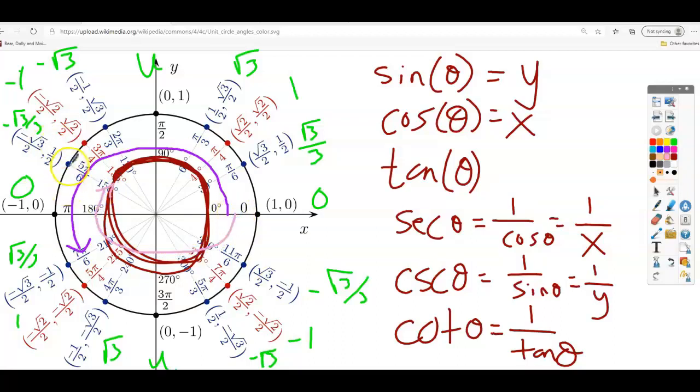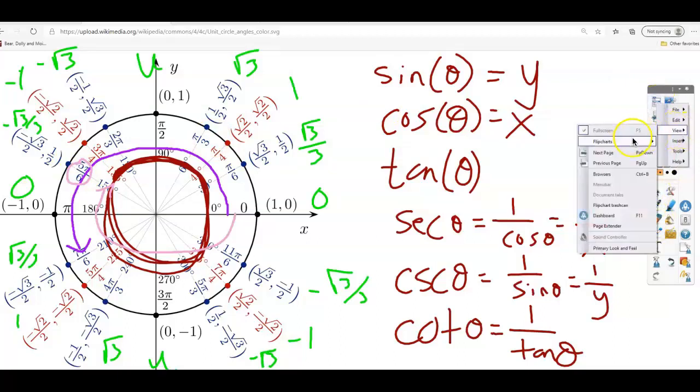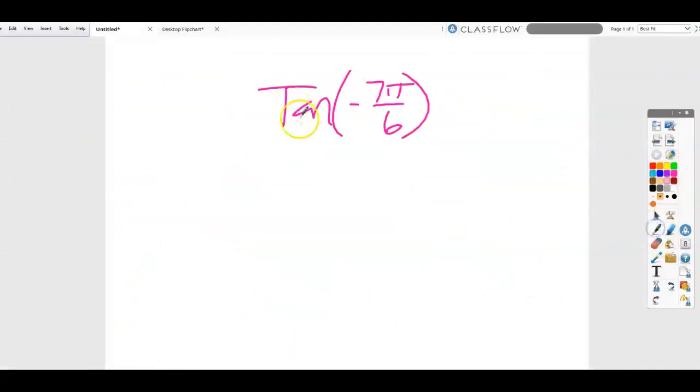So negative 7 pi over 6 is this angle right here. So it's the same thing as that one. So you use that symmetry to think of it as a different spot, right? So let's go back to this now. Tangent of negative 7 pi over 6, that's going to be the same thing as tangent of 5 pi over 6.